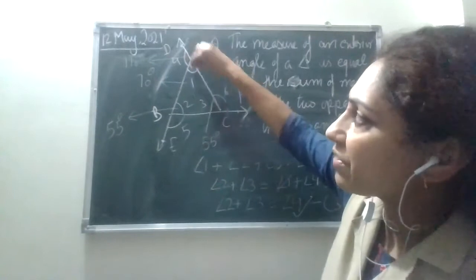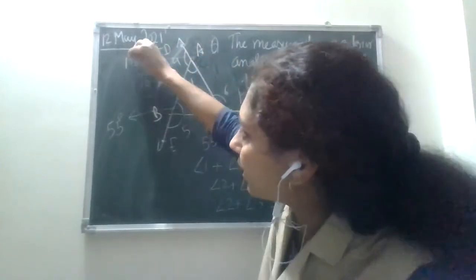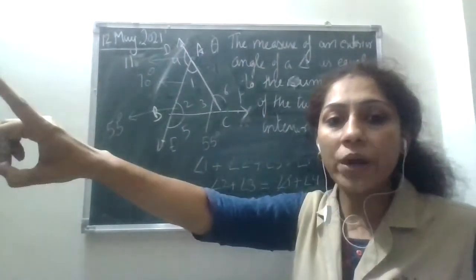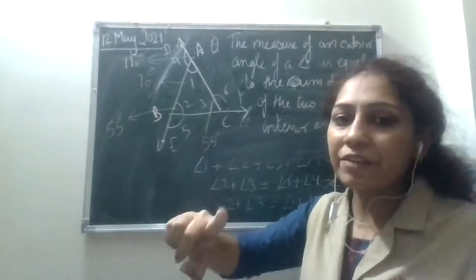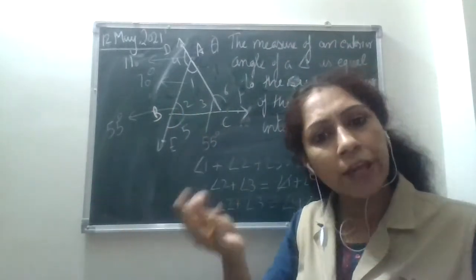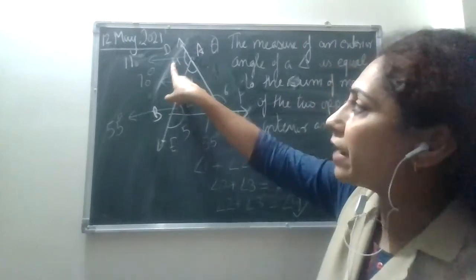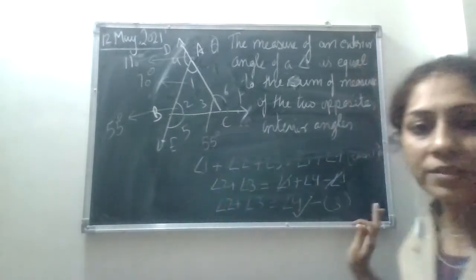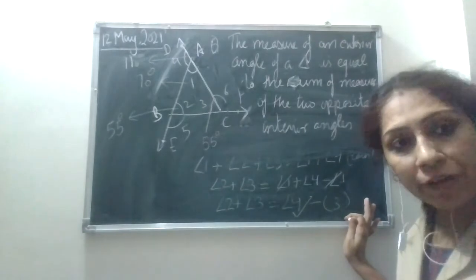That is how angle 1 plus angle 4 comes out to be 180 degrees, because the total on a straight line is 180 degrees. If one is 70, the other is 110. Now this 110 is equal to this 2 plus 3, which is again 110.